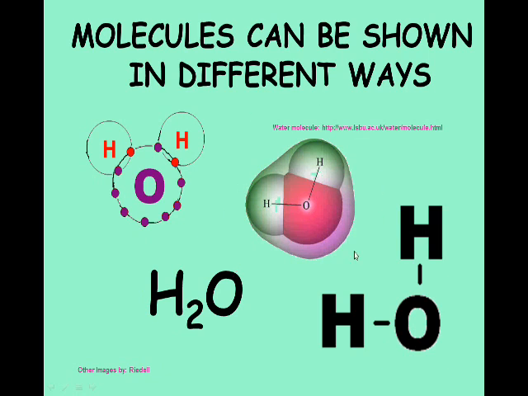Maybe I want to see a 3D picture of how it goes together and the sizes of the atoms. Notice oxygen is bigger than hydrogen. It's got more electrons. And sometimes I want to know what those electrons are doing, and I can draw a little picture that uses dots to stand for the different numbers of electrons. Don't get confused by seeing that in different ways. It means the same kind of molecule, water, H2O. And you're going to see atoms and molecules in different ways this year. So just be aware that sometimes we represent them in a little different shape.